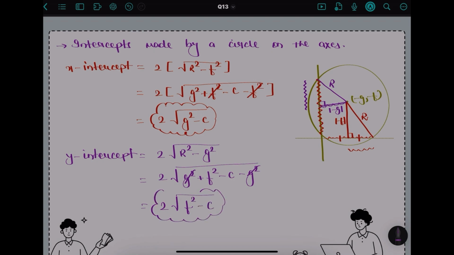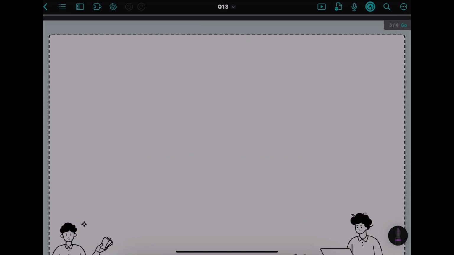So if I talk about x intercept, you will talk about g. If I talk about y intercept, you will talk about f. So till this date we have studied the center, which is (minus g, minus f), and then we have the radius, which is root over g square plus f square minus c.